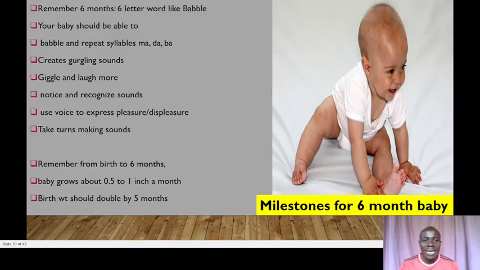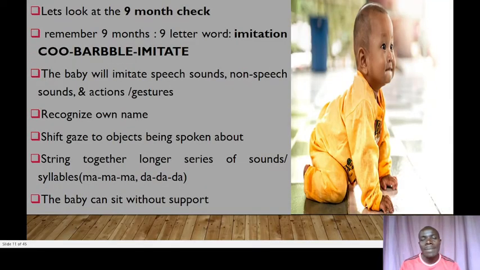They can also take turns in making those sounds. Remember, from birth to 6 months, the baby will grow at a rate of around 0.5 to 1 inch a month, and the birth weight will double at 5 months.